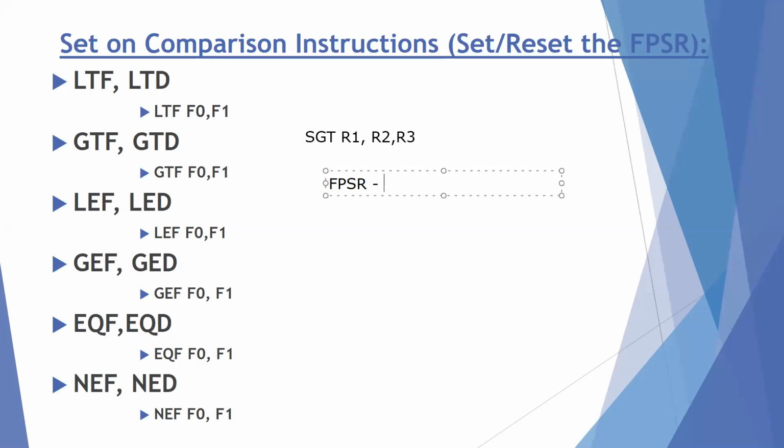Now, this can hold one value. This can be either a 1 or a 0. Now, when we give the operations like less than floating, less than double, depending upon whatever is the opcode, the source registers are compared. And the destination which has to be set or reset is the floating point status register now.